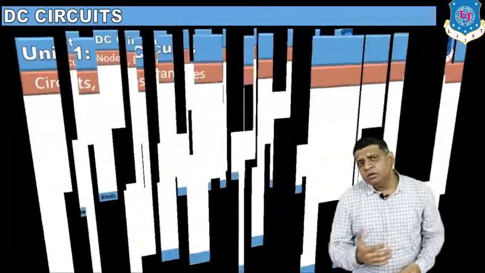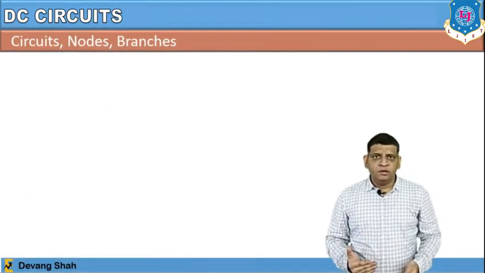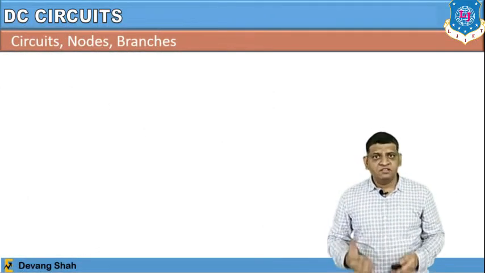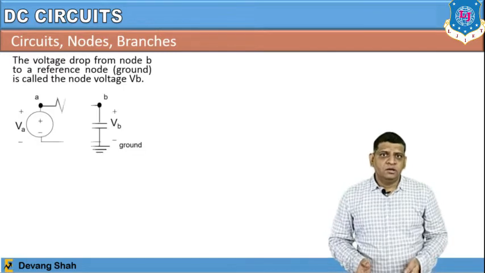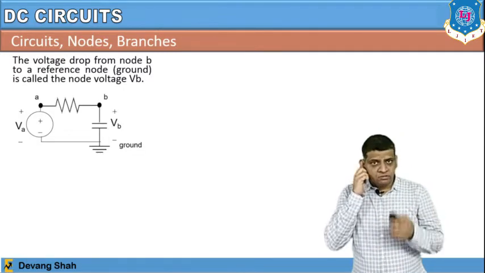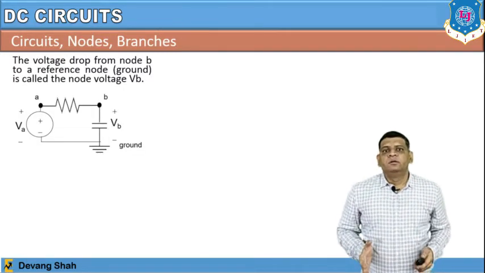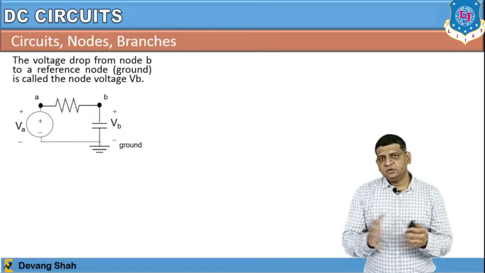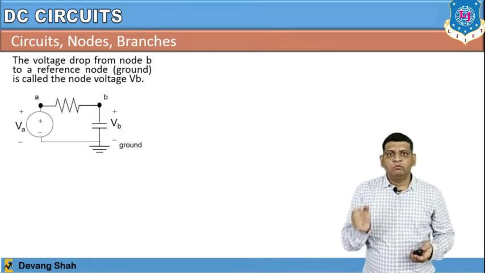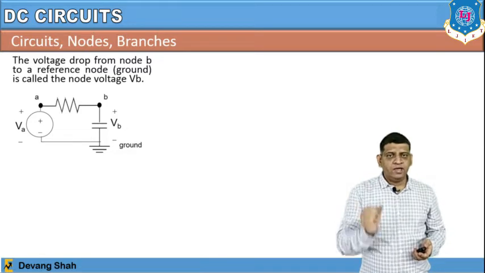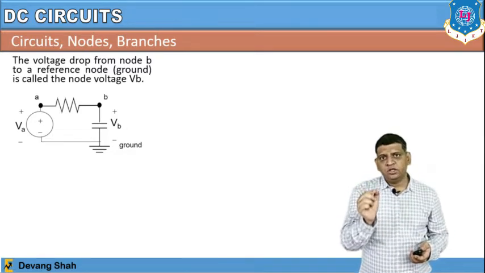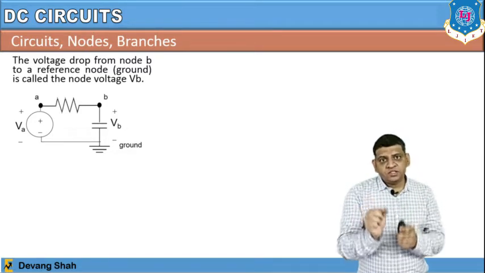Now, more circuit terminology we need to understand. If there is a resistance, a branch, and a node, you can see in this circuit point B, which I consider as one point in the circuit where I am going to find the voltage drop across point B with respect to ground.